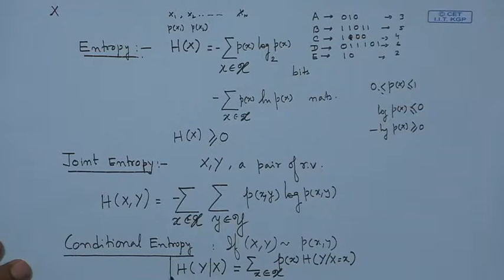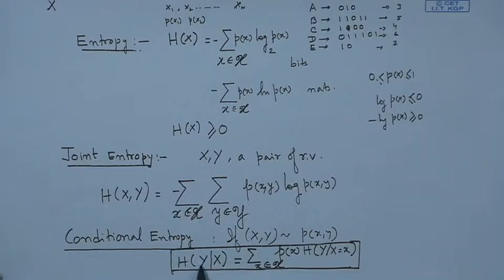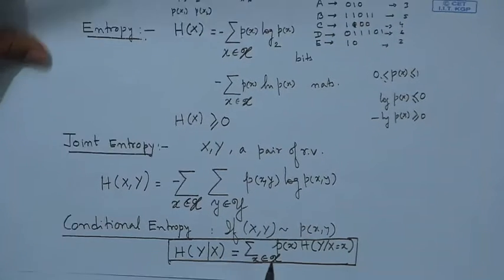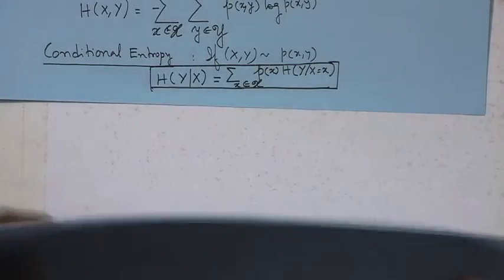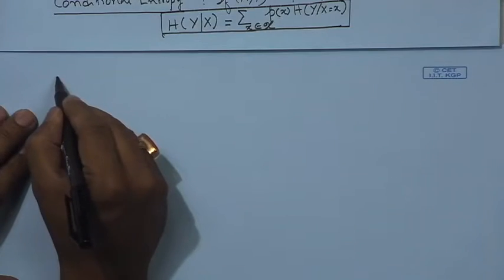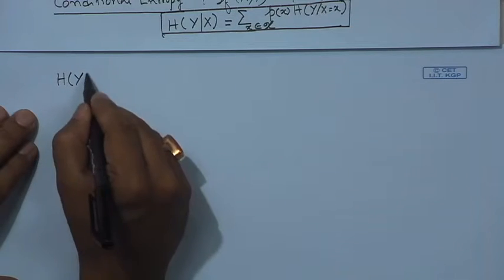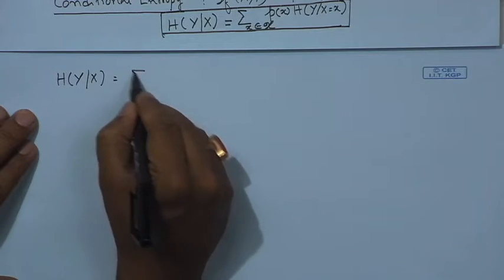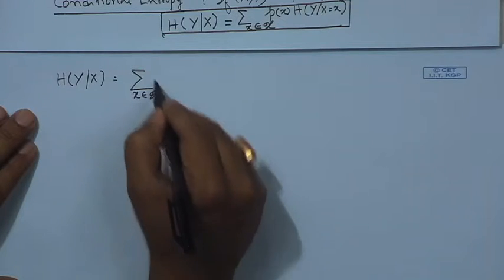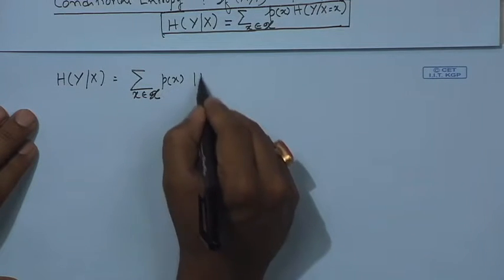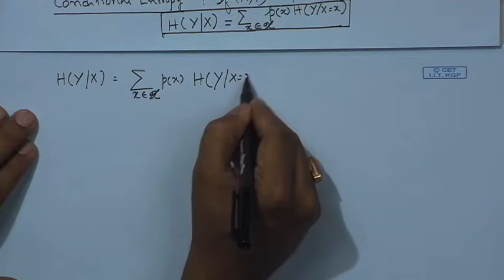So this is the basic definition of conditional entropy of Y, that means the entropy of Y given X. If we proceed with this, we can write it again: H(Y conditioned on X) is equal to the sum over x element of big X of p(x) H(Y given X equals x).